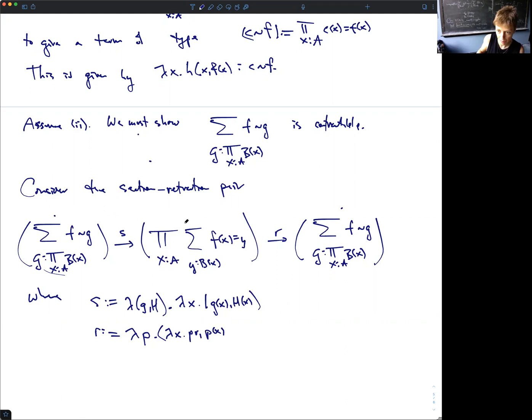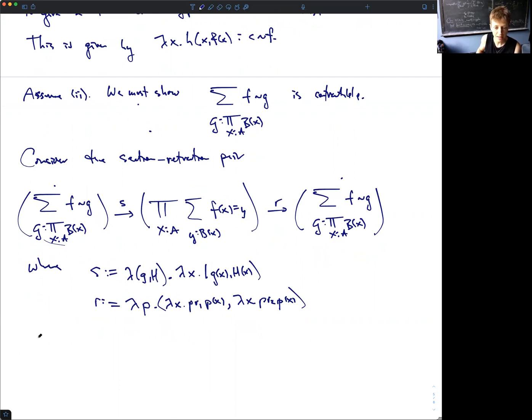So x is a term here, P of x is a term of this pair type, and if I project to the first component, I can define that. The second component is lambda x dot pr2 of P of x. So P of x is the data of a pair, and I'm separating out the 2 projections. So that's this S and this R.